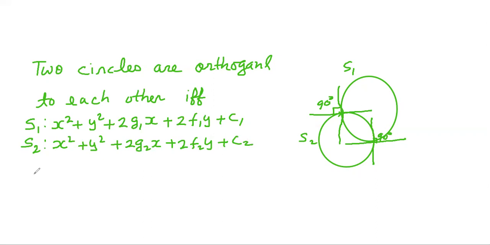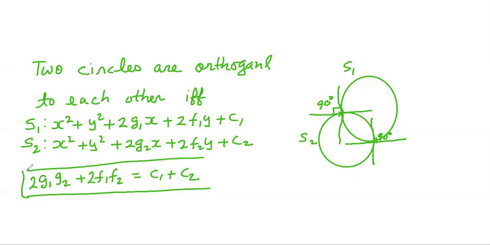So the condition for them to be orthogonal is 2 times G1 G2 plus 2 times F1 F2 equal to C1 plus C2. This is the condition required for that part.